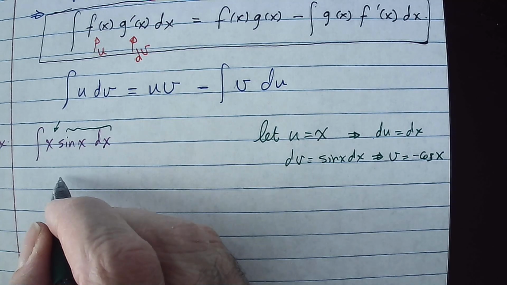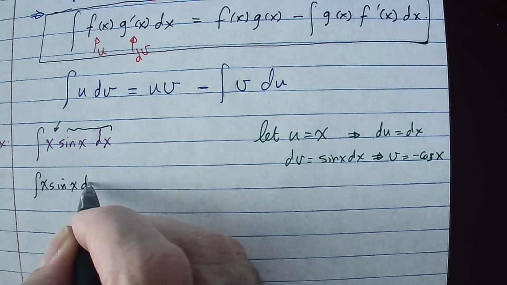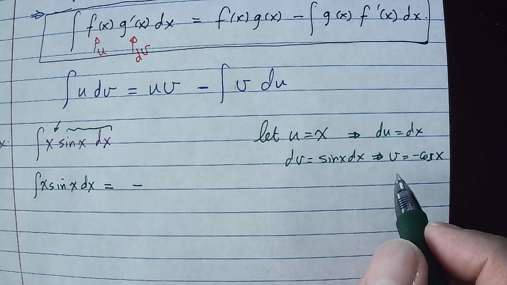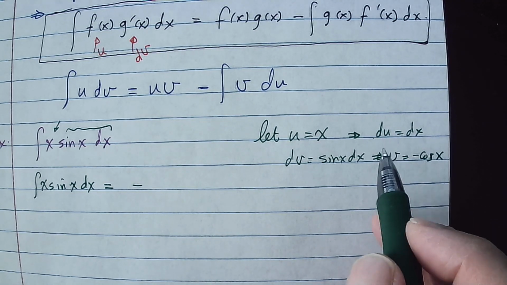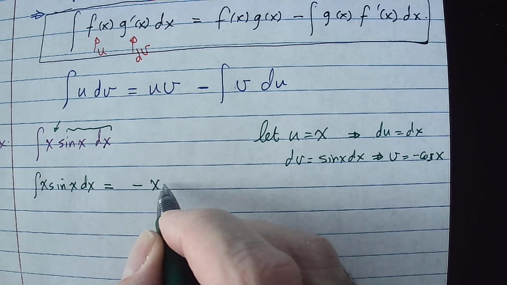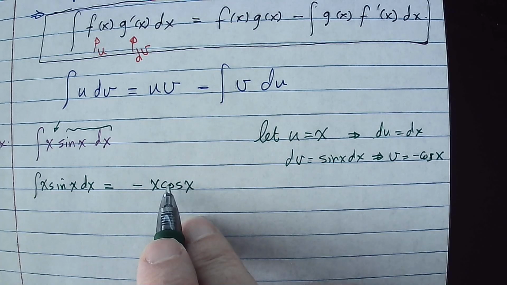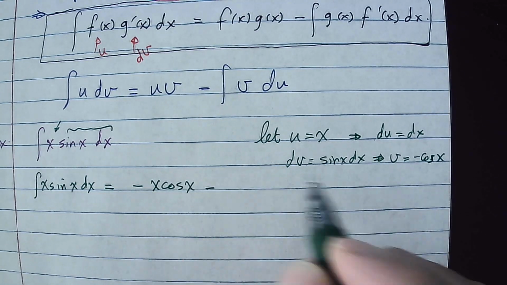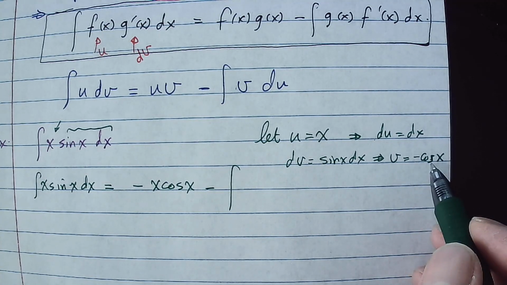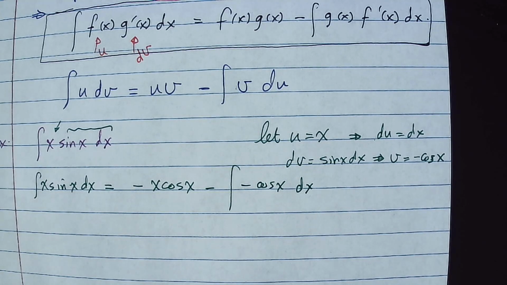So what do I have? The integral of x sine x dx can be expressed as the rule says u times v, which is x cosine x, the negative sign came from here, I put it in advance, minus, now the integral, v is again negative cosine x dx.